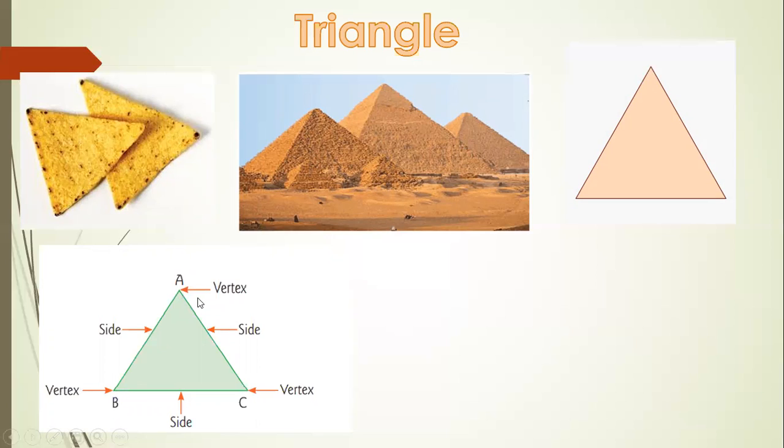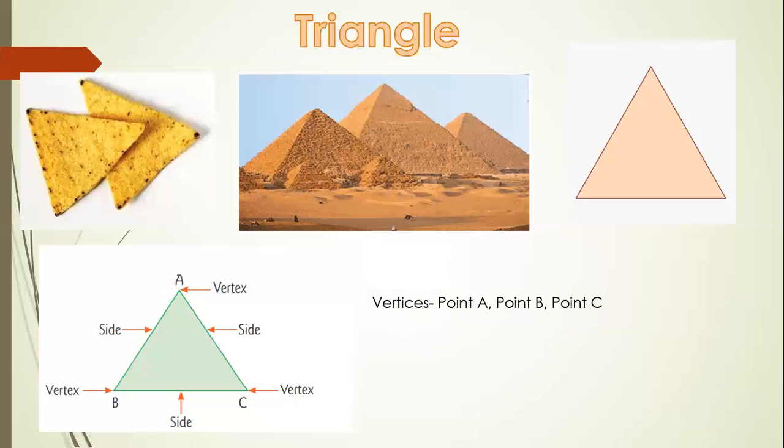Vertex is singular and vertices is plural. So three vertices are present in a triangle. The vertices of this triangle are point A, point B and point C.